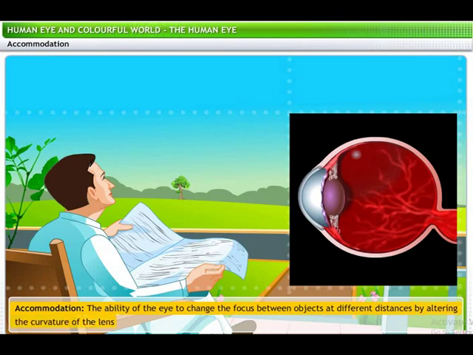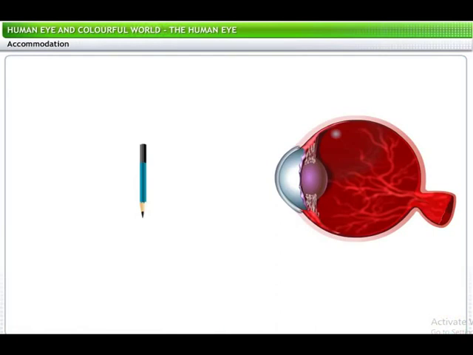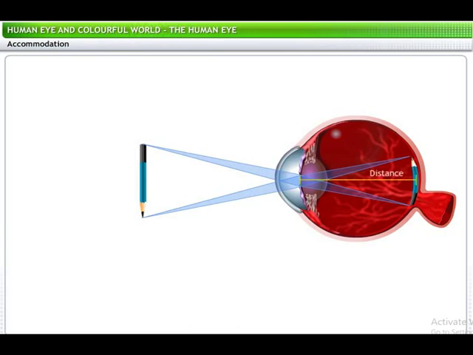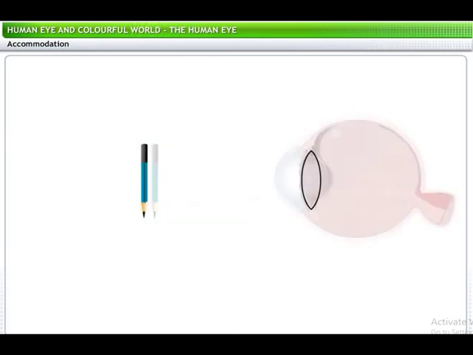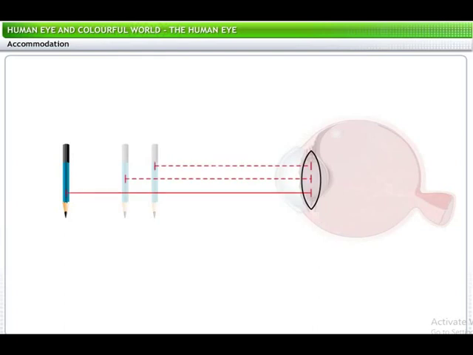called accommodation. For an object to be seen clearly, the image must be formed on the retina. The distance between the lens and the retina is fixed. So, how do you think the eye is able to focus on objects at different distances?